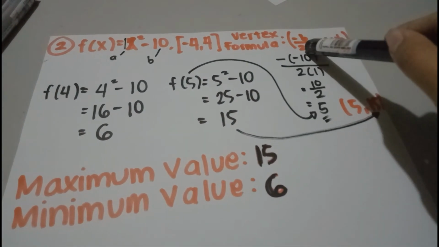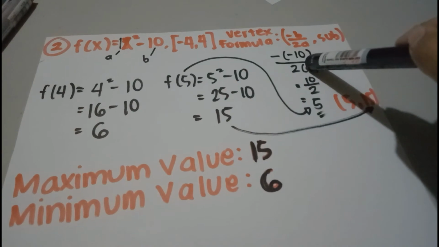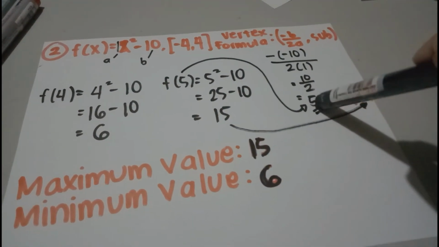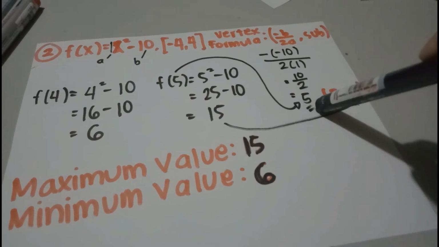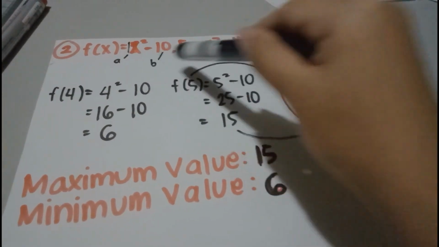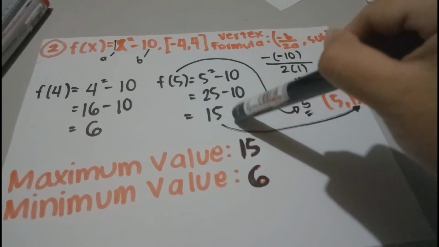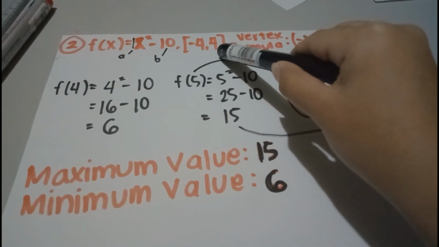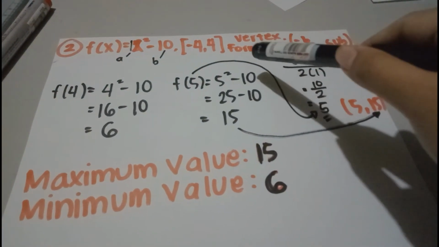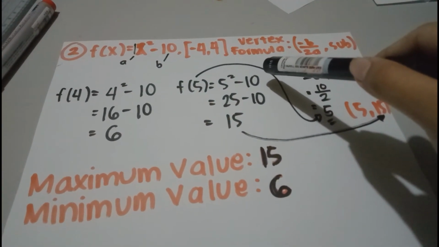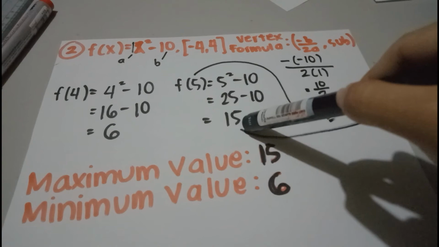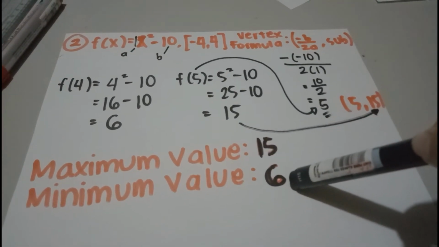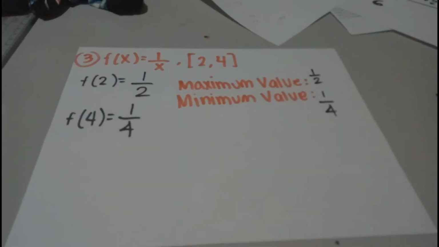All we need to do is follow the formula and substitute the corresponding given values, which are 1 and -10, and the answer will be substituted into the whole equation to get the maximum value. To get the minimum value, we will just substitute the interval into the whole equation. The maximum value of this sample problem is 15 and the minimum value is 6.